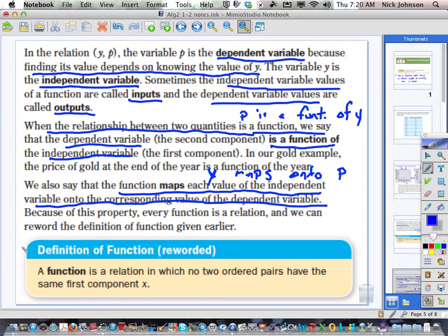And here's another definition of a function that they just reworded for you. A function is a relation in which no two ordered pairs have the same first component. So when you're looking through your ordered pairs, there cannot be two x values that are the same. And like I said, we're going to get more into that in just a second.